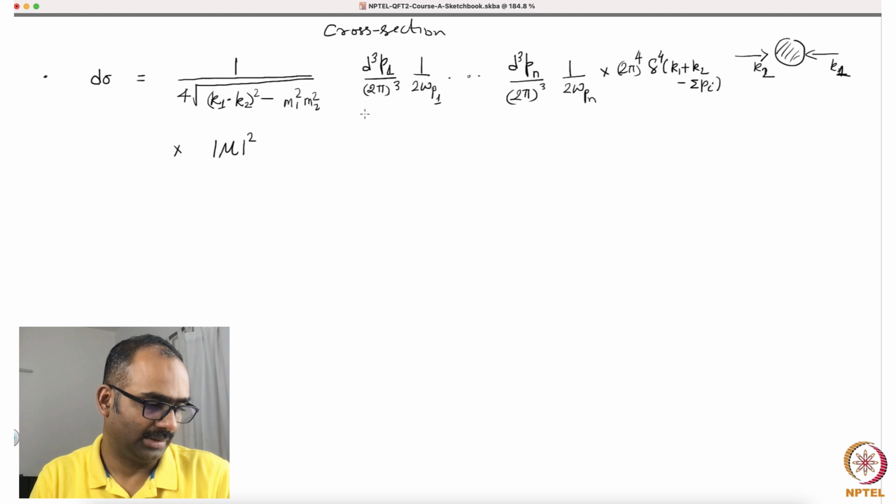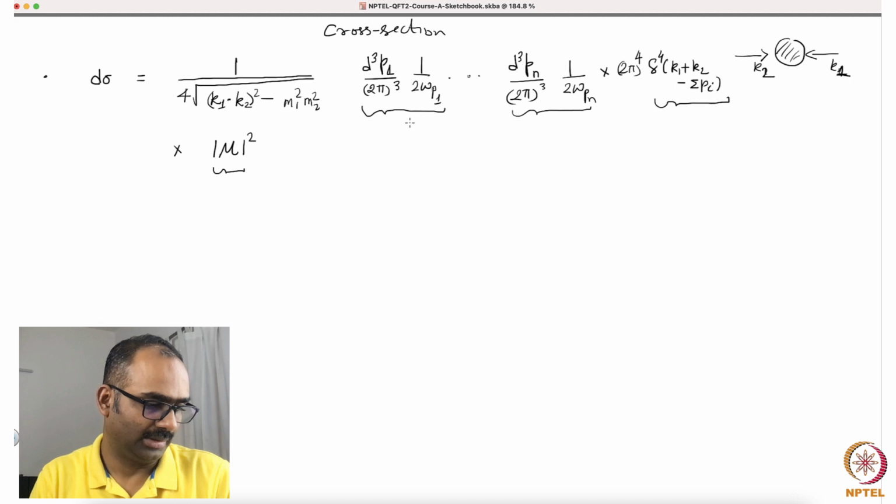We have seen this kind of thing in the first course also. This is just the invariant measure. Similarly, these are all invariant. This is anyway a delta 4, so that's invariant. The matrix element squared is also invariant. So other than this factor, everything else is Lorentz invariant, and this piece is invariant under boost along the z-axis.